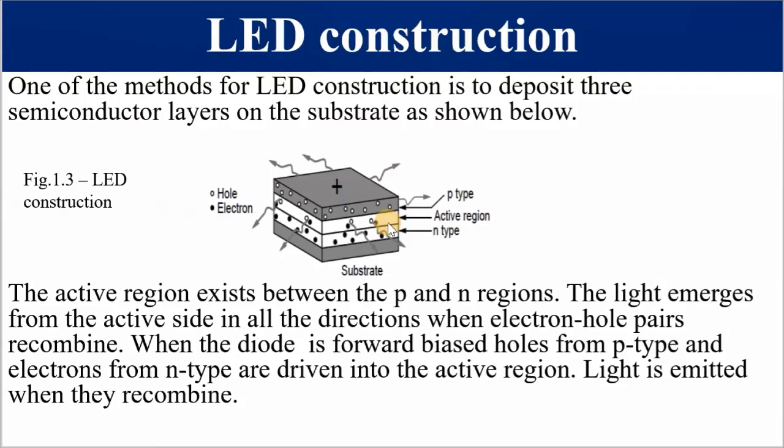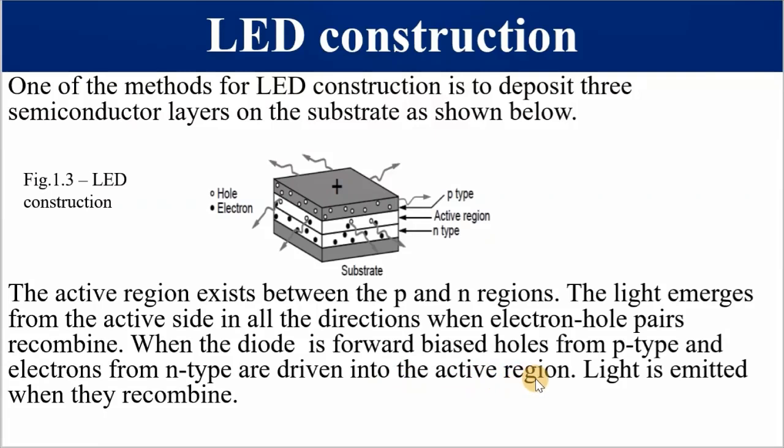So we have 3 semiconductor layers, and the active region exists between the P and N regions as shown. Light emerges from the active region in all directions when electron hole pairs recombine. When forward biased, holes from the p-type and electrons from the n-type are driven into the active region.